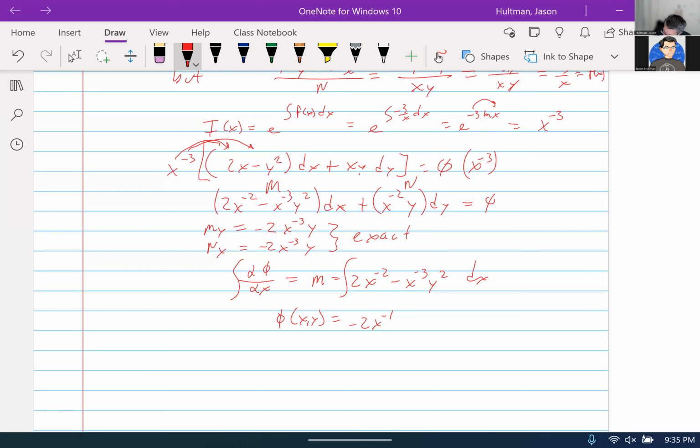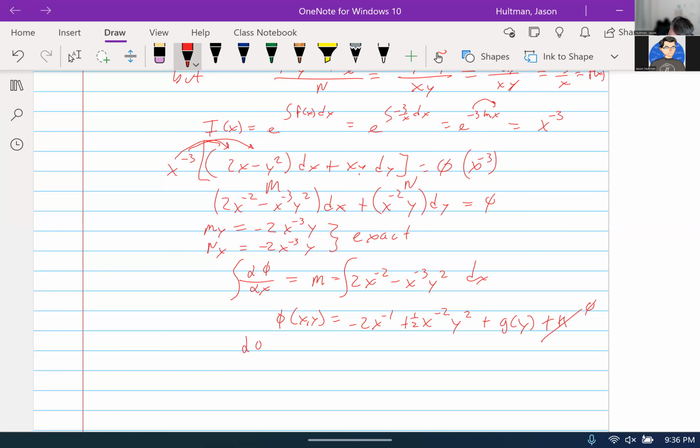For this one, the y is just a constant, so this is negative 2 divided by negative 2, which gives positive 1/2 x to the negative 2 y squared. And this could have had a g of y plus a k, but we're going to let k go to 0.